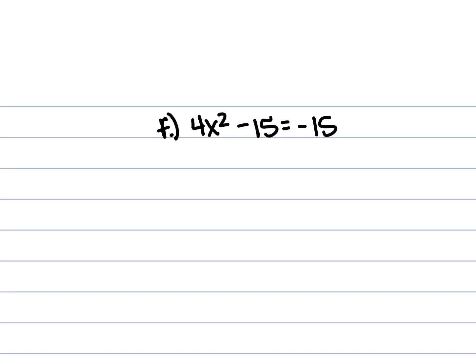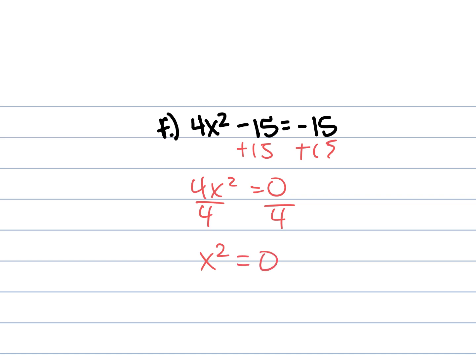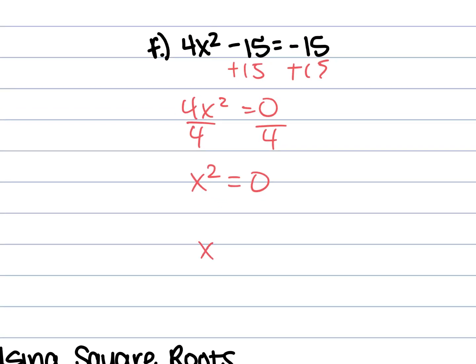Sophia? X equals 0. How'd you get it? Plus 15, and you get 4x squared equals 0. And then you divide by 4 on both sides, and you get x squared equals 0. Okay. And then you do the root thing, and you get x equals 0.